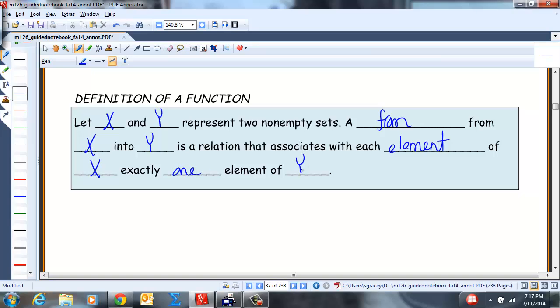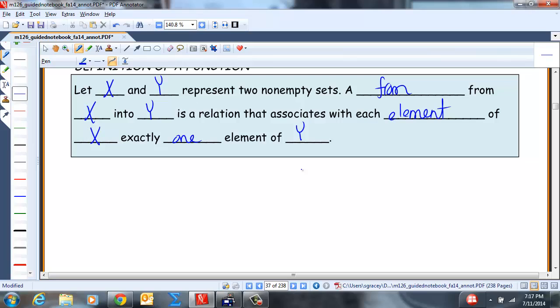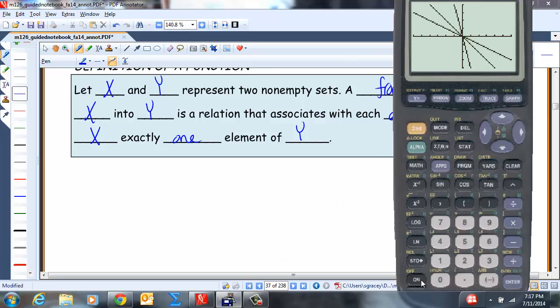So let's consider the graph. This is the graph of y equals x squared. Let's bring our little graphing calculator up and go to our y equals screen. I'm going to clear these out.